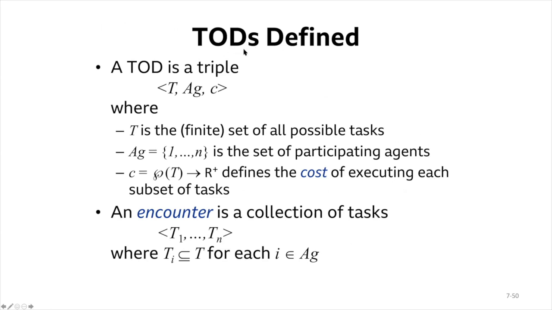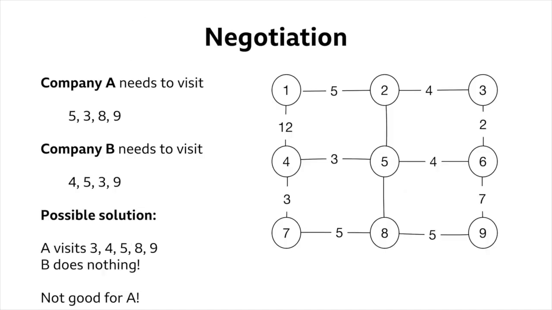What we're looking at is what's called a task-oriented domain. A task-oriented domain is a domain exactly like the robot scenarios that we talked about here, where we visit a number of different tasks. A robot has a number of tasks that it needs to carry out.